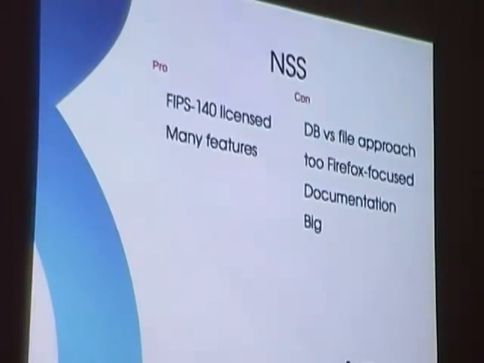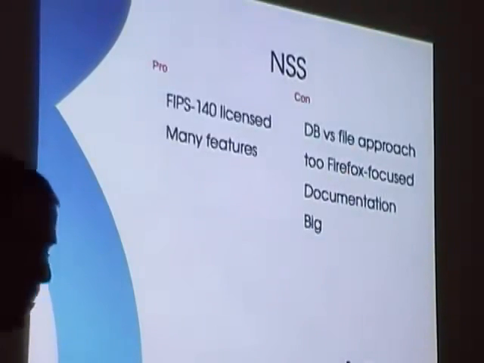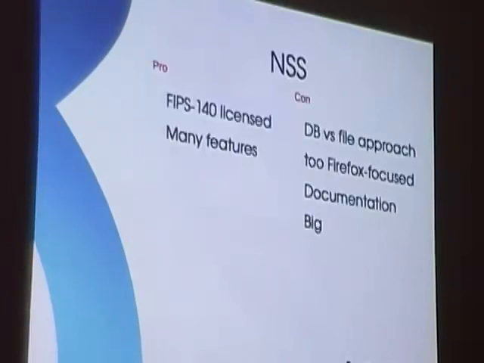As I said, Fedora is changing to use this all over. So there are many projects using NSS now, but the developers and the mindset in this project are very much focused on Firefox and Thunderbird, to the extent that if you suggest new features and ideas, a lot of resistance will appear: well, Firefox and Thunderbird don't use this.